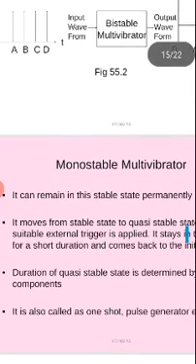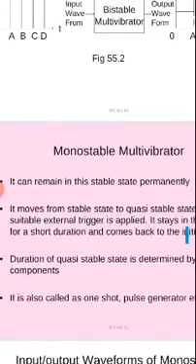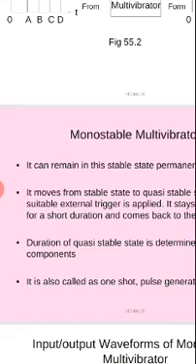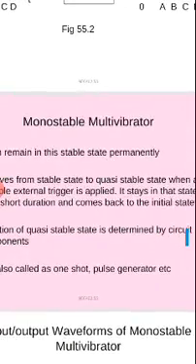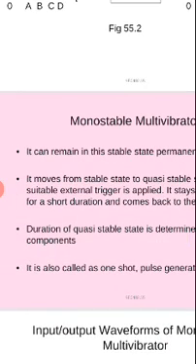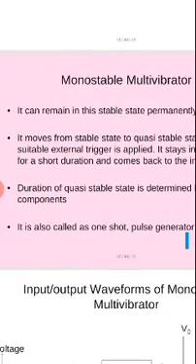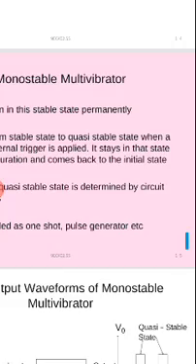Monostable multivibrator. It can remain in the stable state permanently. It moves from the stable state to a quasi-stable state when a suitable external trigger is applied. It stays in that state for a short duration and comes back to the initial state.